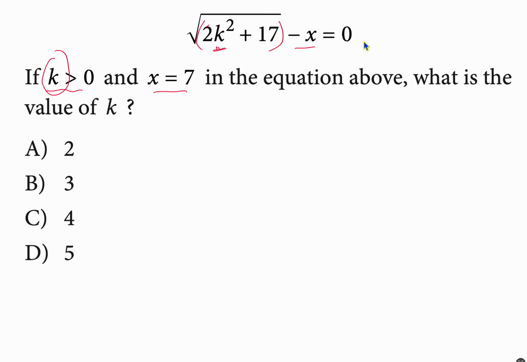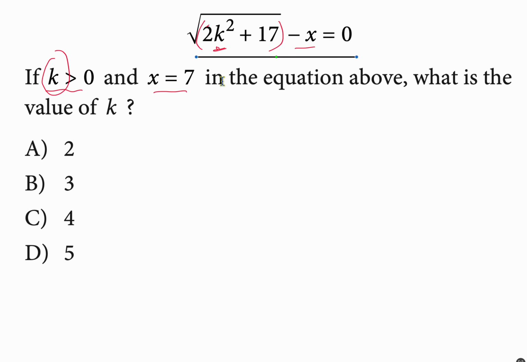Alright, so let's rewrite the equation. Since x is given, so now we know x equals 7, we can replace x in the equation with 7. So let's rewrite this.